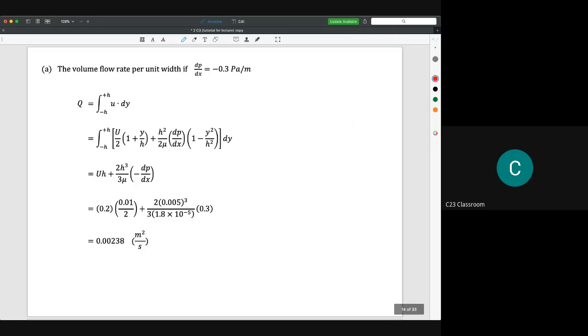Then we need to calculate the volume flow rate per unit width if dp/dx is equal to minus 0.3 Pascal per meter. We know the equation for flow rate is Q equals A times V. In this situation, we have two plates, so it is u times dy, and we use dy here because we assume the width is equal to 1.